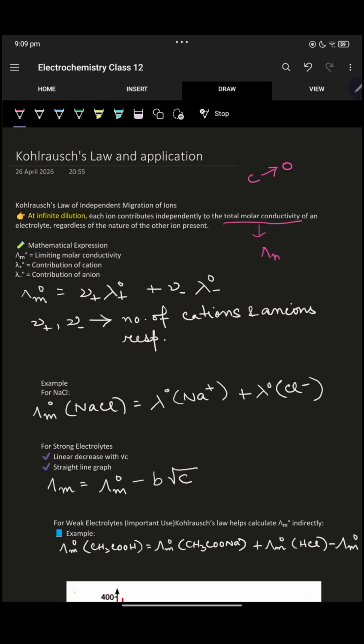That means lambda m at infinite dilution, that is lambda m naught when C tends to 0, will be equal to the lambda naught for the cation plus the lambda naught for the anion.